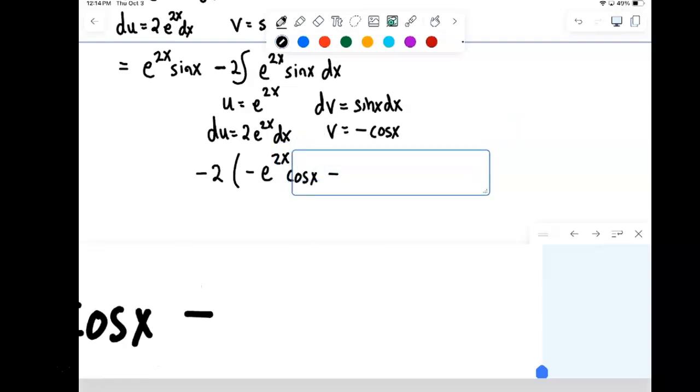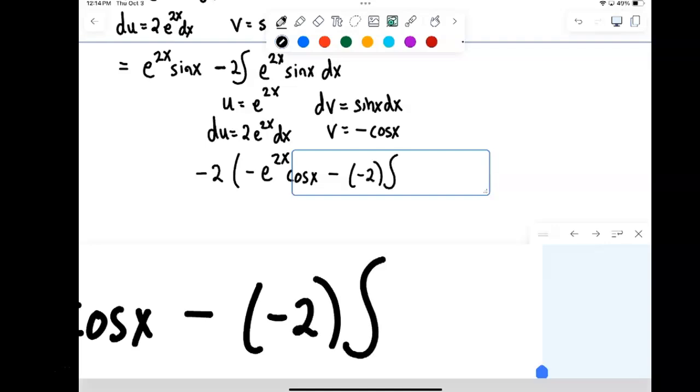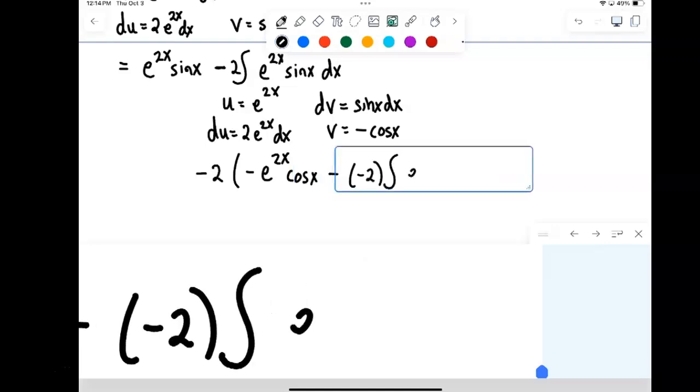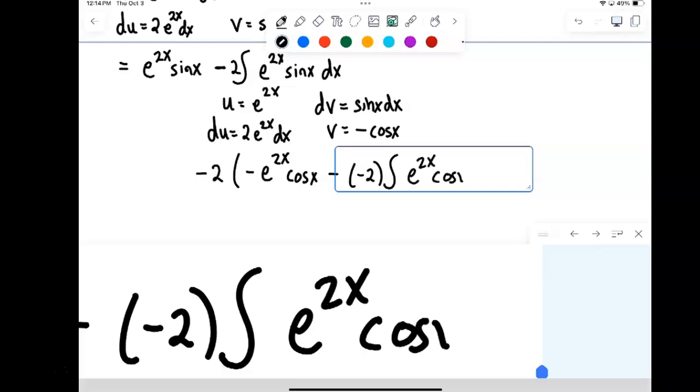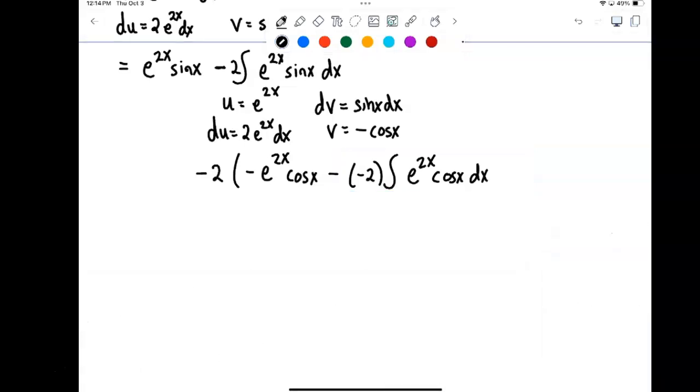I'm going to have a negative cosine here, so that'll be a negative 2 integral of e to the 2x cosine x dx. And now we see a bit of a problem.